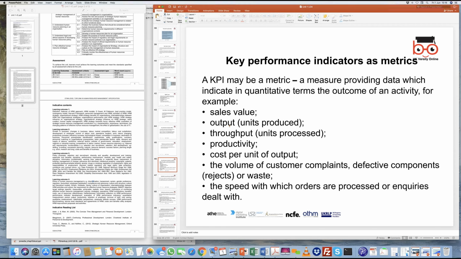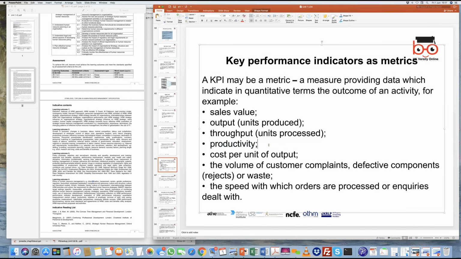And this also relates to, depending on the industry and depending on the sector that we talk about, they might have an interpretation of KPI that could also mean sales value. It could also mean an output. If it's a manufacturing company, a throughput would mean, again, something related to production and engineering. Productivity could be, when you are in the services sector, how many calls the call center is making.